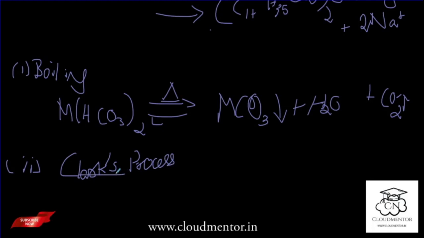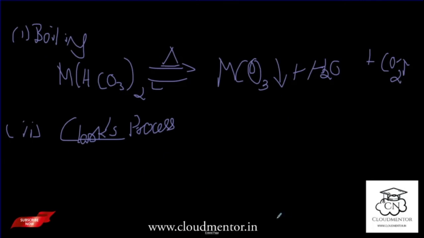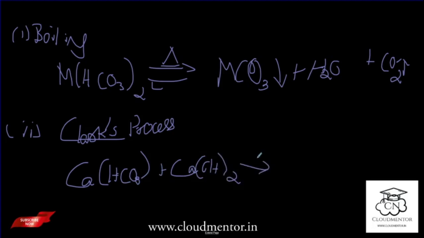In this process the addition of a calculated quantity of lime causes the precipitation of CaCO3, as I can show: Ca(HCO3)2 plus Ca(OH)2, which is the lime, gives 2CaCO3 plus 2H2O.